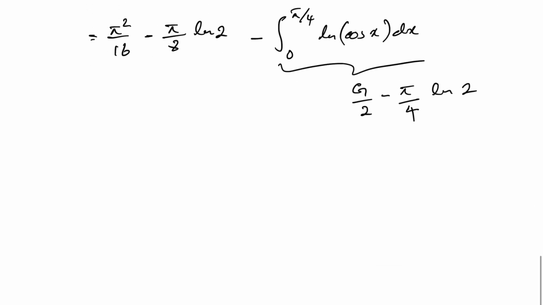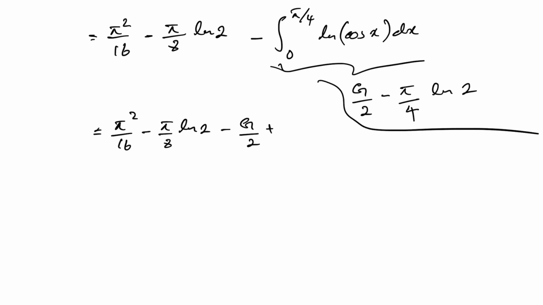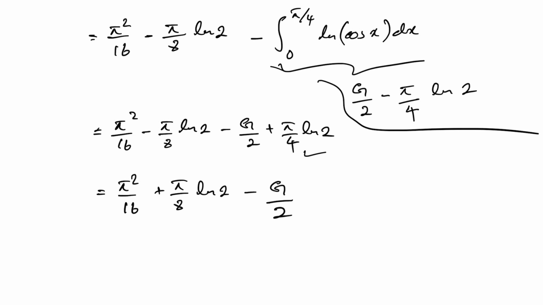So we have pi squared over 16 minus pi over 8 natural log of 2, here minus G over 2 plus here pi over 4 natural log of 2. Okay, if we simplify this one, we have pi squared over 16 minus pi over 8 natural log of 2 plus pi over 4 natural log of 2, we know, plus pi over 8 natural log of 2 minus G over 2. Okay, this is the answer for I2.